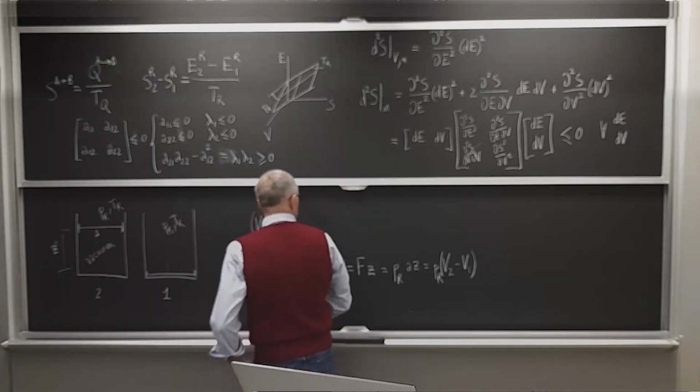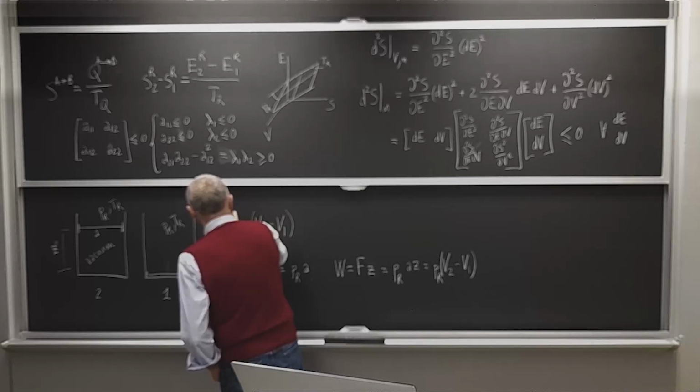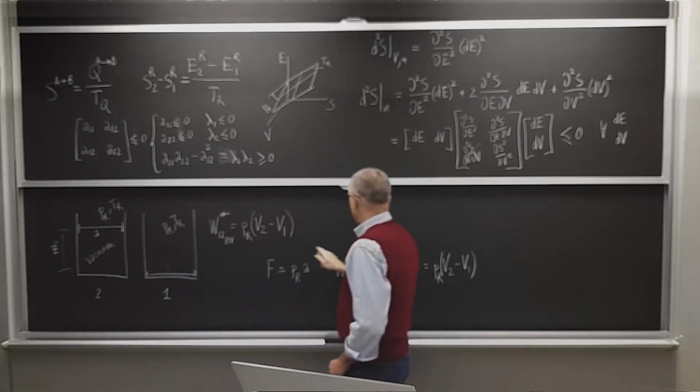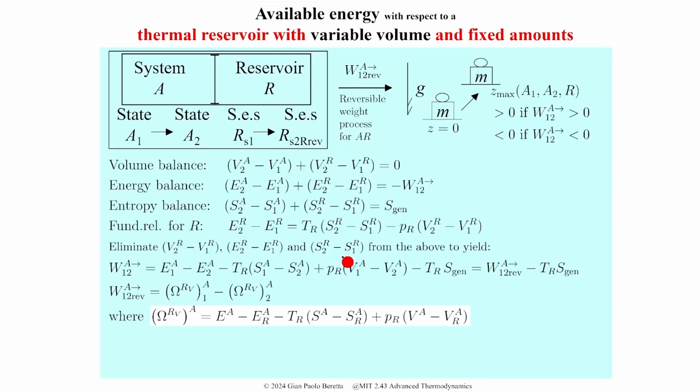So it seems that the work that you need to spend in order to go from 1 to 2 in a reversible way is equal to that which is written here, except that now it has the wrong sign, because this represents the work with the arrow out.